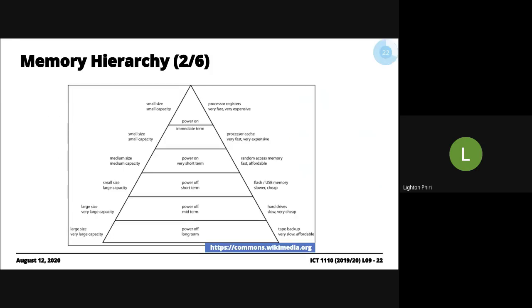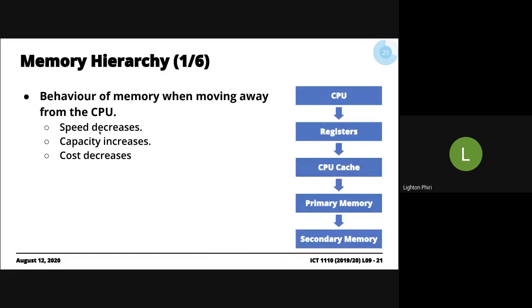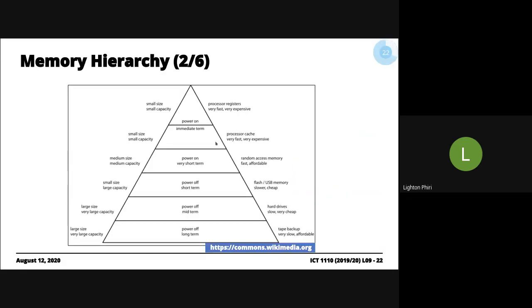And then we introduced this pyramid of sorts, which incidentally encompasses everything, both primary memory and secondary memory. We realized that the behavior is more or less the same when you incorporate secondary memory as well.